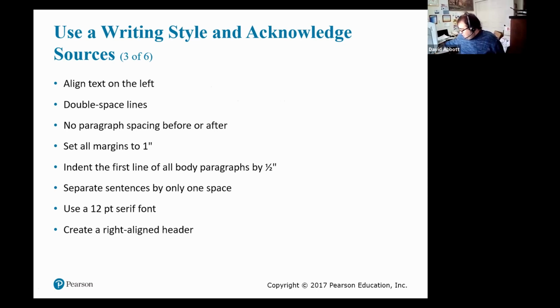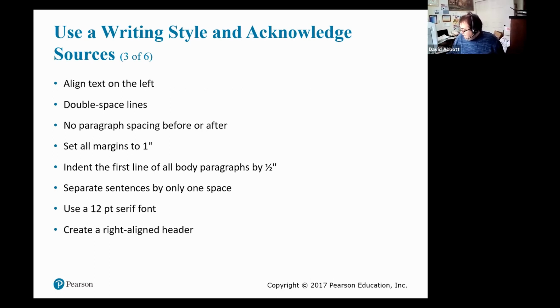Now, regardless of the writing style used, most research papers share common formatting features, such as that the text for the paragraphs is aligned on the left-hand side. Usually the lines of your text are double spaced. Usually, you have no paragraph spacing before and after. We'll take a look at that, because sometimes you'll indent the first line of your body paragraphs a half inch.